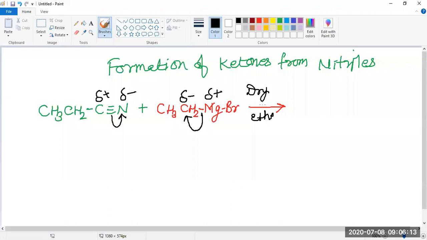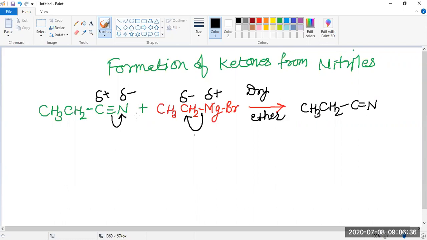So I will write this chemical reaction again in this manner: CH3 CH2 C double bond, and see here, there is a negative charge over the nitrogen, and the positive charge on the magnesium. So the positive portion of this magnesium will attach to this negative portion.